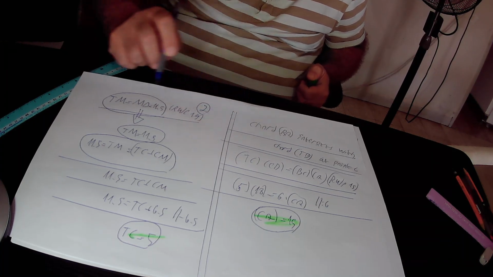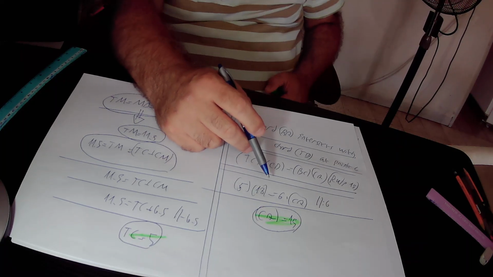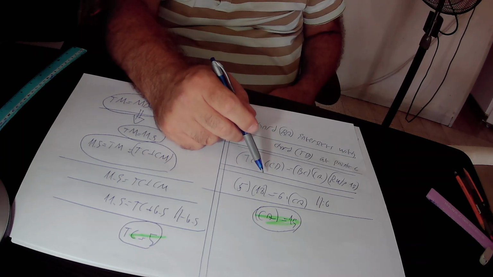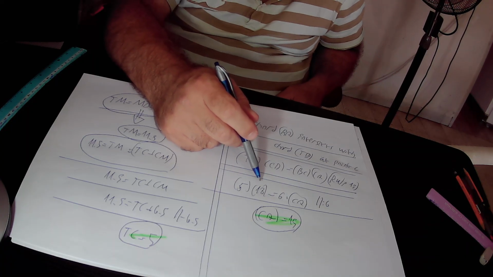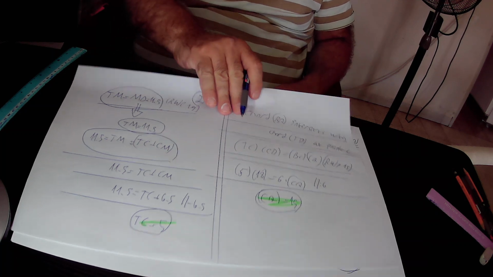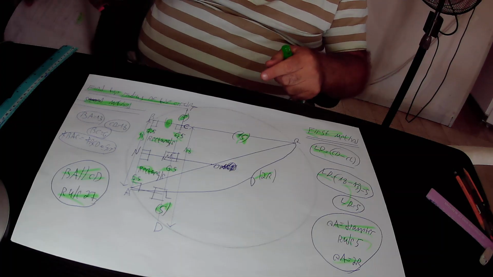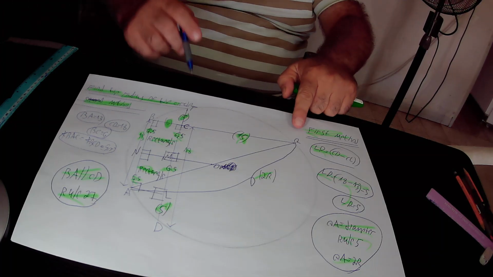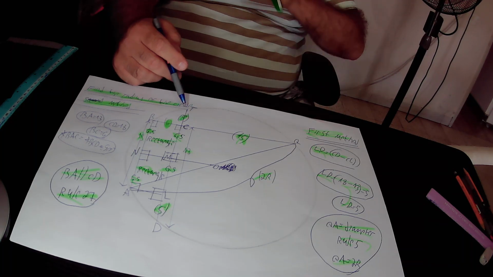So in total we find that 5 times 18 equals 6 times CQ. Here we divide this equation by 6 and find that CQ equals 18 over 6, which is 3, and 3 times 5 is 15. So CQ equals 15 units in length. This is the missing side CQ.